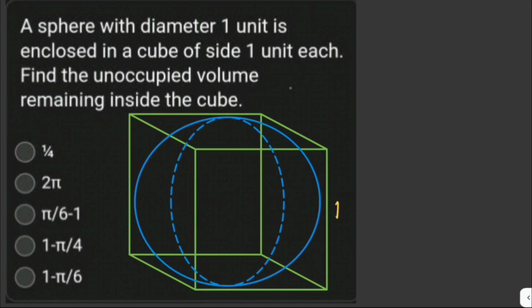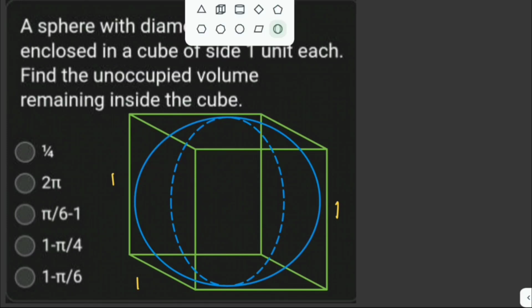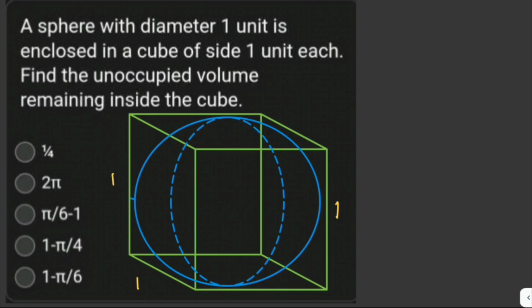So this one is equal to 1, as well as this one too. And it says here that the sphere has a diameter of 1 unit.